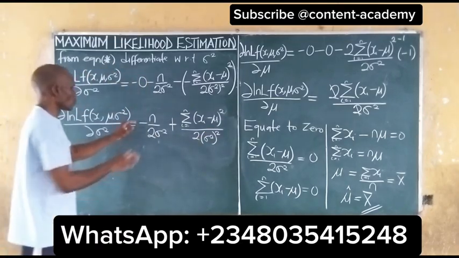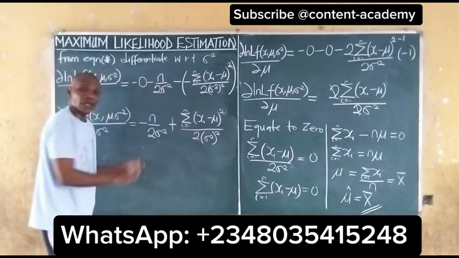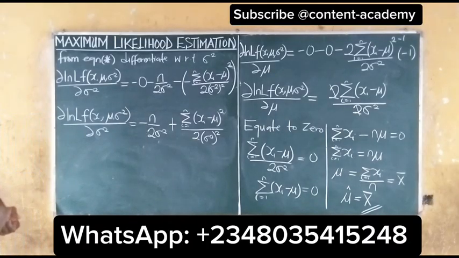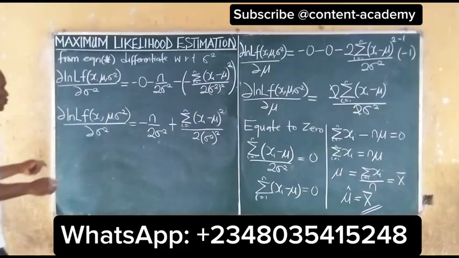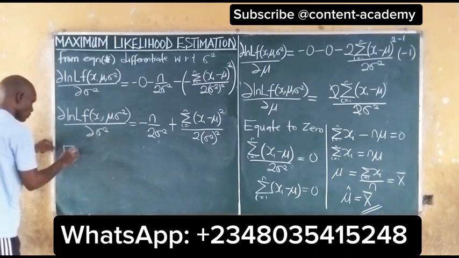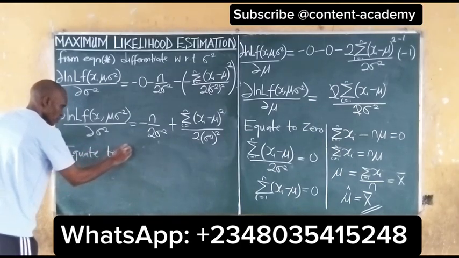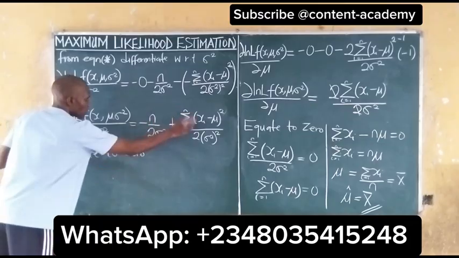Now, the next thing to do is to equate the whole of this to 0. Because we said from our maximum likelihood estimation that the first thing to do is to take the likelihood function, the second is to take the log, the third is to take the derivative with respect to any given parameter and equate to 0. So we equate the whole of this to 0.